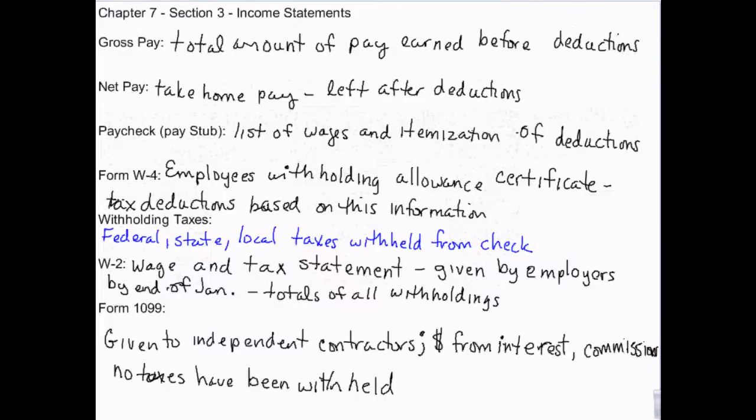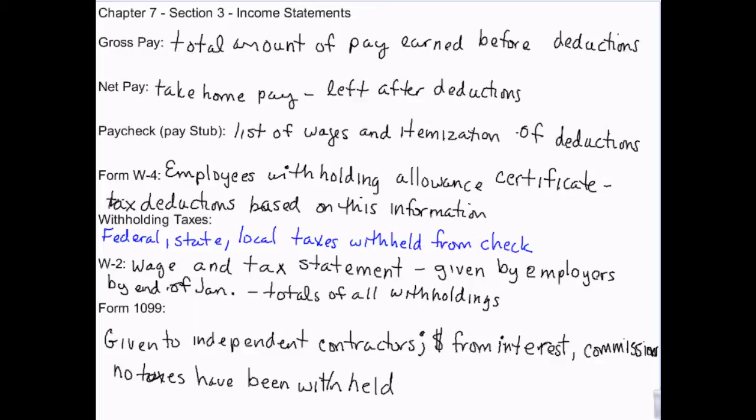Okay, so your gross pay is the total amount of pay you've earned before there's any deductions. So your salary, or your hourly rate times the number of hours you worked, that's your gross pay. Your net pay is what you actually get to take home, after deductions have been made. So gross pay is larger than net pay.